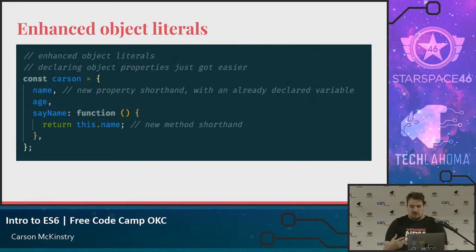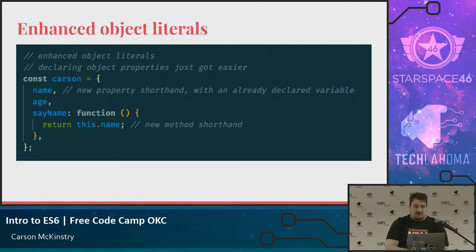Before, if I had a new object named Carson and I wanted to give it a name property, building that object from variables I'd declared previously, I would have to say name colon name, or age colon age, and then say name colon say name. And up above, say name would actually have to be declared as a function.